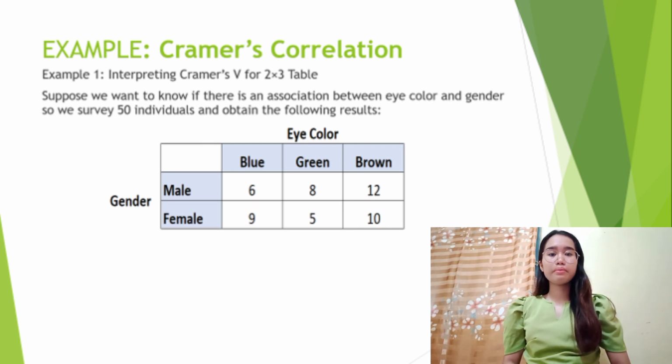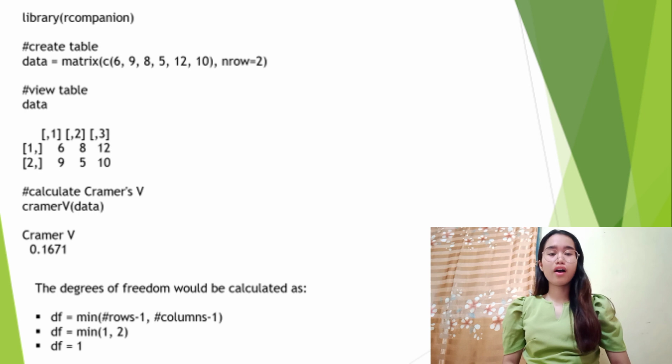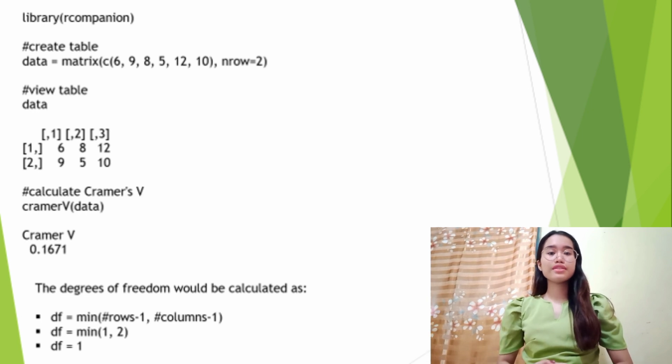For the females: blue is 9, green is 8, and brown is 10. We can use the following code in R to calculate Cramer's V for these two variables. Cramer's V turns out to be 0.1671. Referring to the table above, we can see that a Cramer's V of 0.167 and degrees of freedom equal to 1 indicates a small or weak association between eye color and gender.